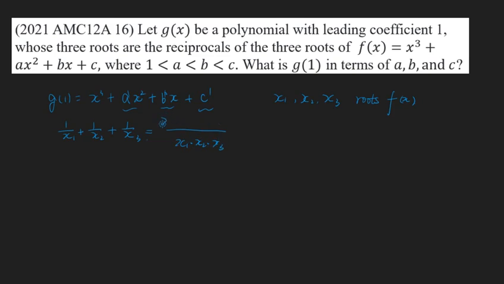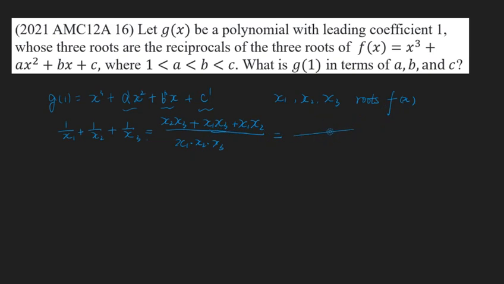And the numerator will be x2 x3 plus x1 x3 plus x1 x2. So here is the pairwise product sum, and here the product of 3 roots. And luckily, we can use the Vieta theorem in f(x) to find the value of those two.